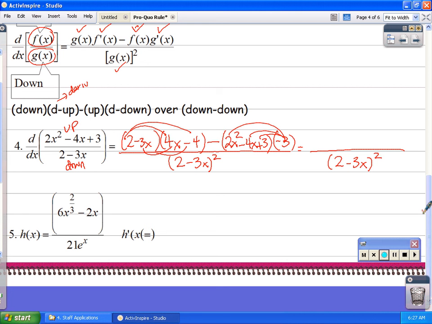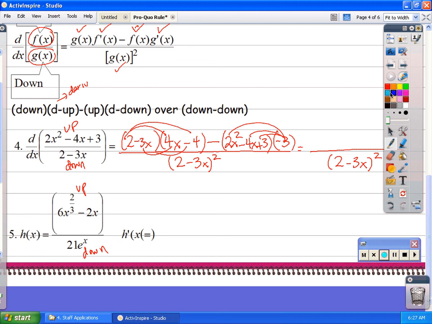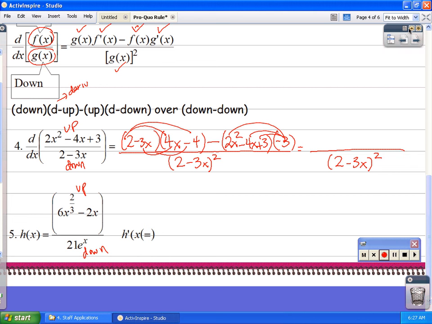Number 5, this is my up function, and this is my down function. So by the quotient rule, let me change colors here. By the quotient rule, I would have down, which is 21 e to the x, d up, power rule for the first term, so 2/3 of 6 would be 4x, decrease the power by 1 to the negative 1/3, minus 2.